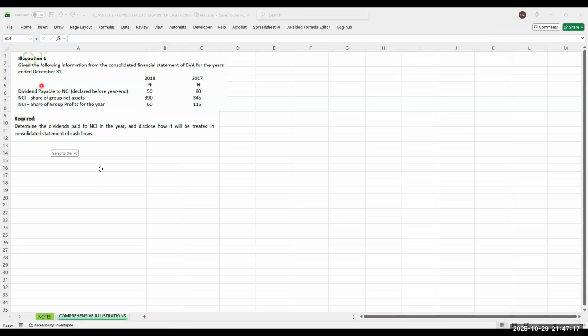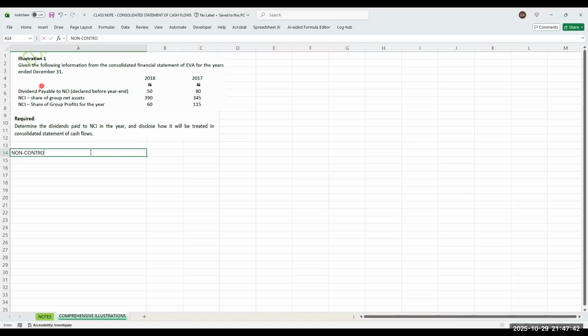Given the following information from the consolidated financial statement of IVA for the year ended December 31st, 2018-2019: dividend payable NCI declared before year end, NCI share of group net assets, NCI share of group profit for the year.